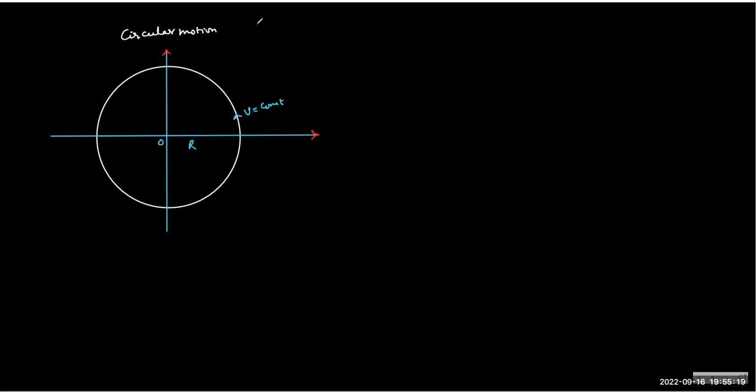Now the question is, at any instant, let's say you are at some random location at some instant t. So at t you are here, but after time dt you will be somewhere here, and because the interval is really small, can we call this length a straight line without loss of generality?